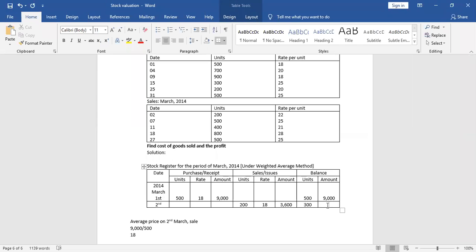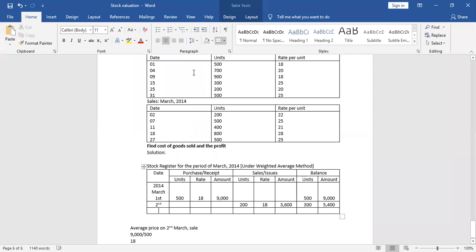And what is the amount? Balance amount is 9,000 minus 3,600. Are you getting 5,400 everyone? So with this our second transaction is over.